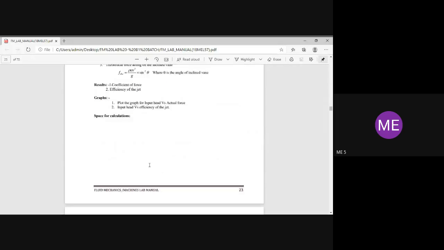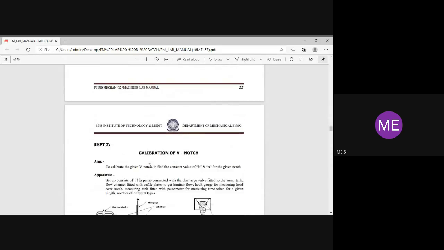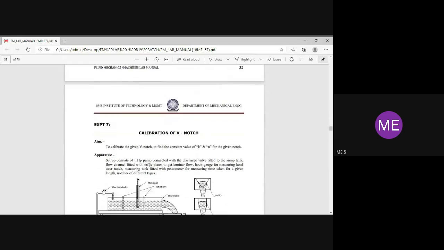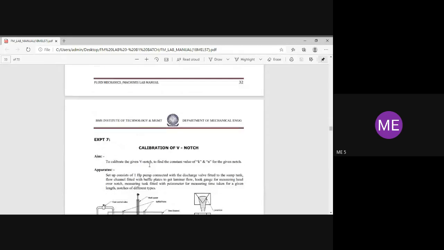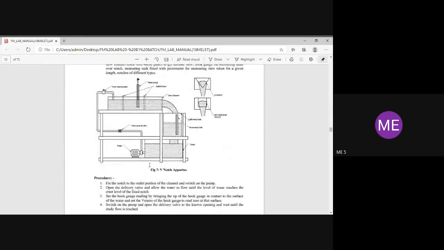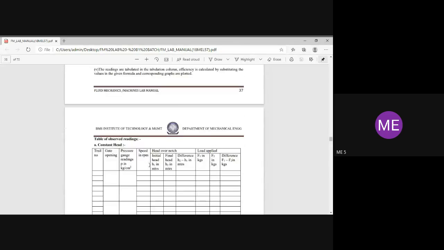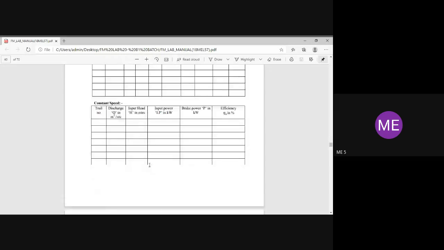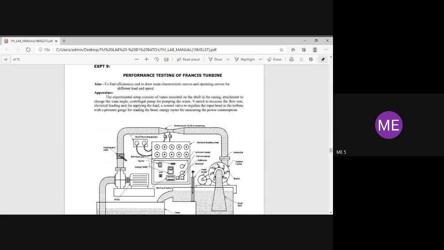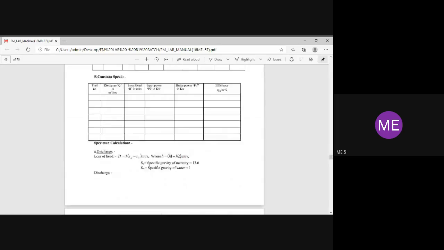Today we are going to conduct an experiment on the Pelton wheel. We have conducted experiments on the reciprocating pump, centrifugal pump, air blower, and air compressor. Now the last part of the FM lab is turbines. There are three turbines, and we have all these turbines in our lab.